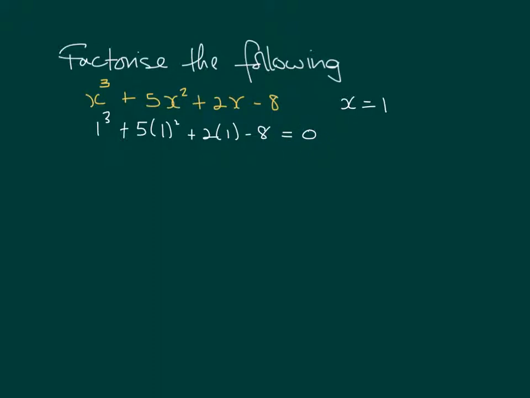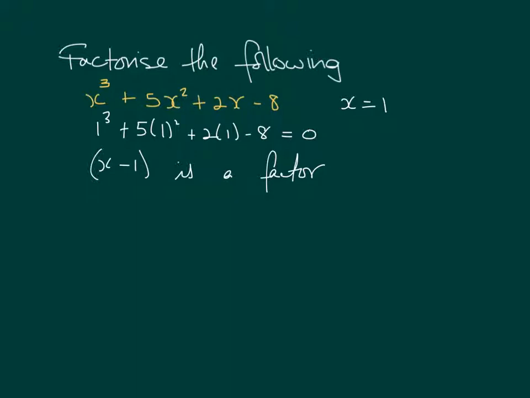It means that this function cuts the x-axis at x equals 1, which tells me that x minus 1 is a factor. Now that I know that x minus 1 is a factor, I've got my first factor. I can now factorize and go and find my other 2 factors.